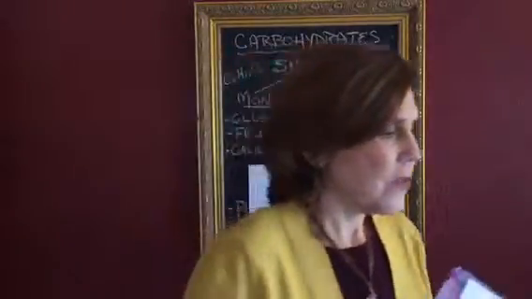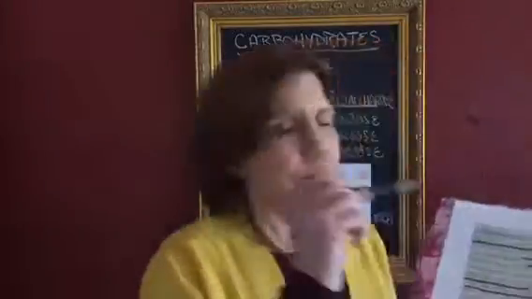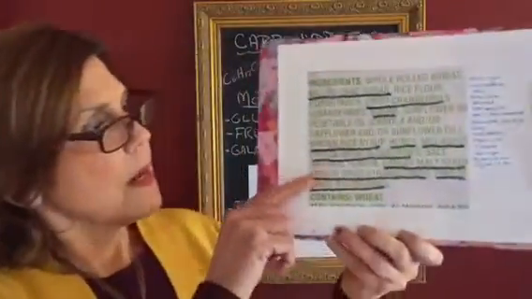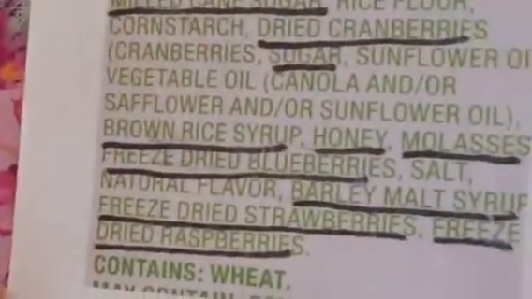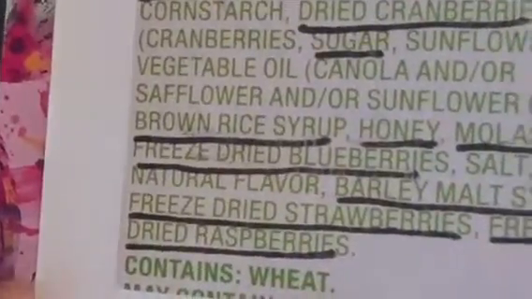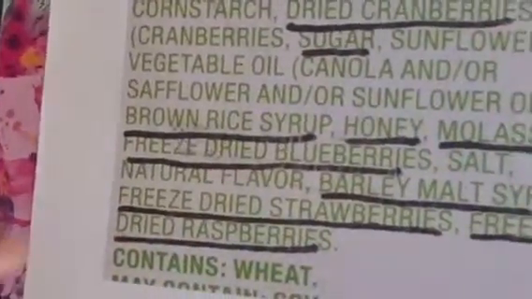And well, most of it was added sugar. Some of it was in the fruit, but this was the label. And let's hold it up here. So the label, it had milled cane sugar, dried cranberries and sugar, brown rice syrup, honey molasses, freeze-dried cranberries or blueberries, barley malt syrup, freeze-dried strawberries, and freeze-dried raspberries. So these were all of the different types of sugar that were in this particular cereal.